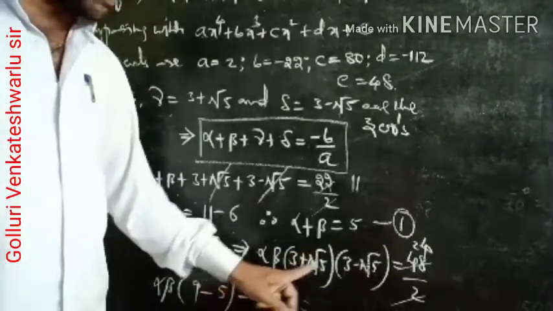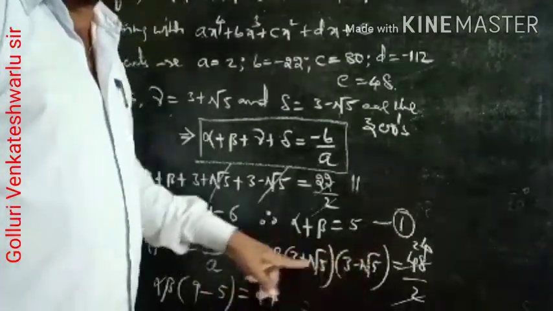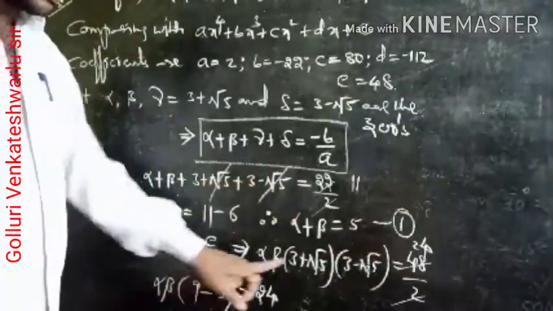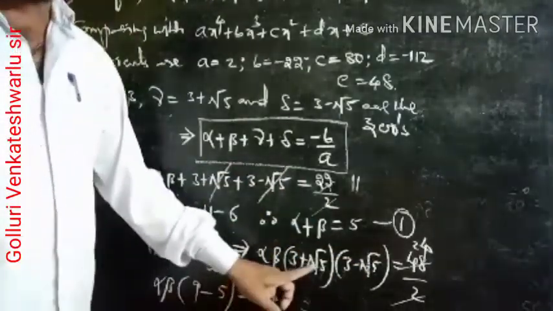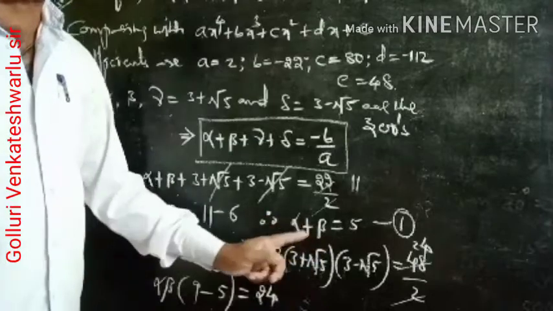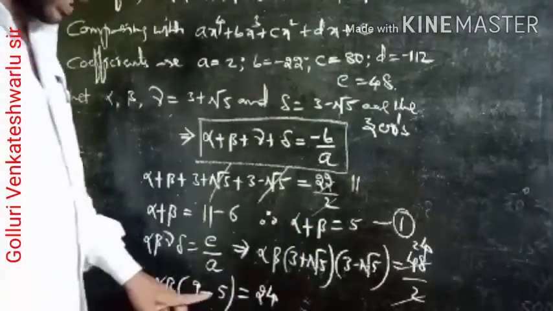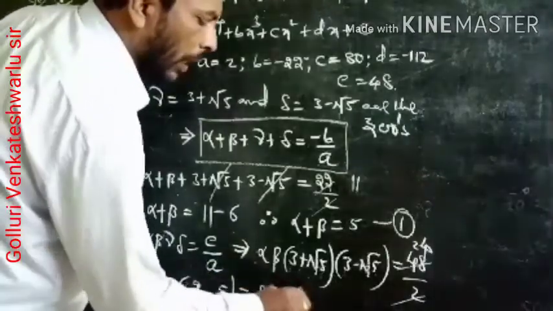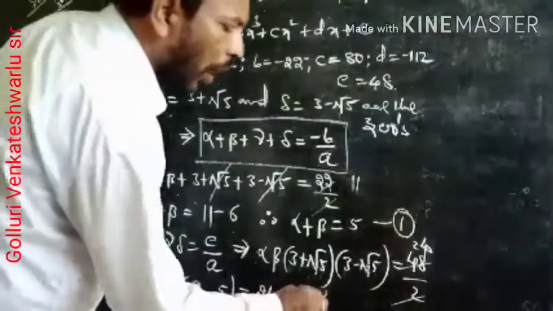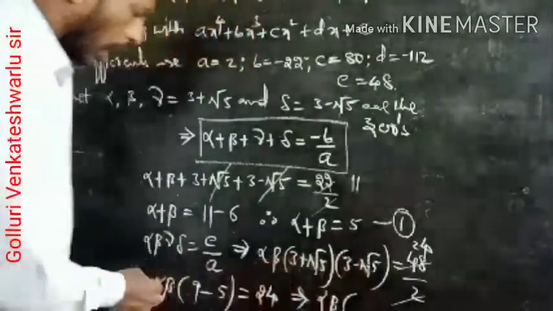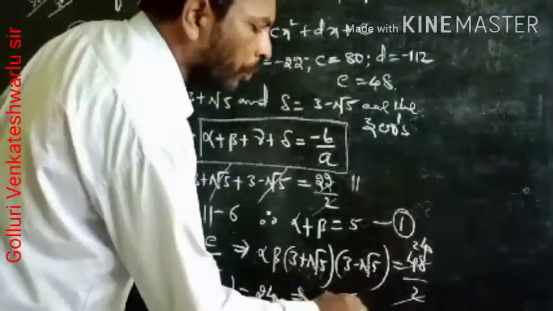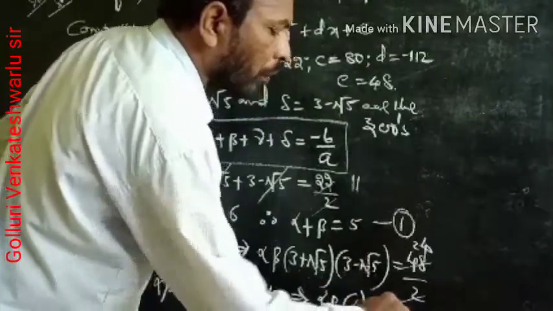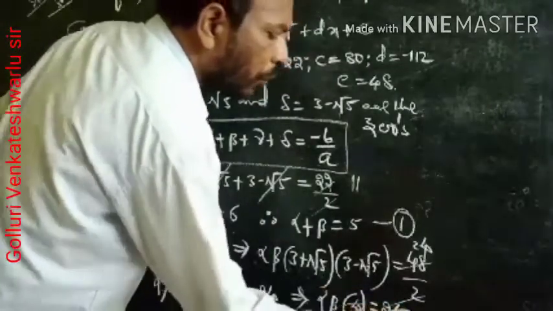So according to the formula, a square minus b square: 3 square, value 9, minus root 5 square, nothing but 5. So 9 minus 5 is 4. That implies alpha beta into 4 is equal to 24, so alpha beta is 6.